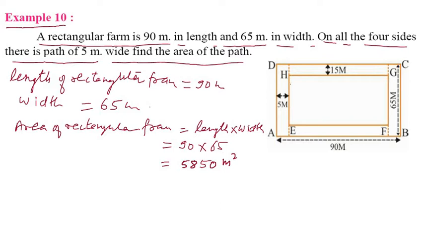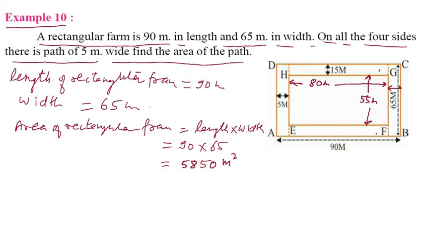Now you can see the inner length. Inner length is, 5 meter is lessing here and 5 meter also lessing here. So that means 10 meter lessing. So 90 minus 10, that is 80 meter. And the inner width, so you can see here, total is 65. So 10 minus, because 5 is here, 5 is here, so that is 55 meter.